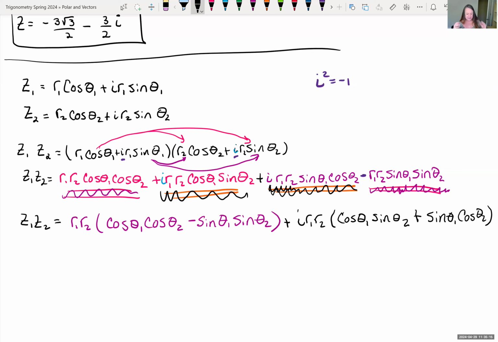Hopefully what's inside the first parentheses looks like an identity familiar to you, and the sum in the second parentheses also looks like an identity.